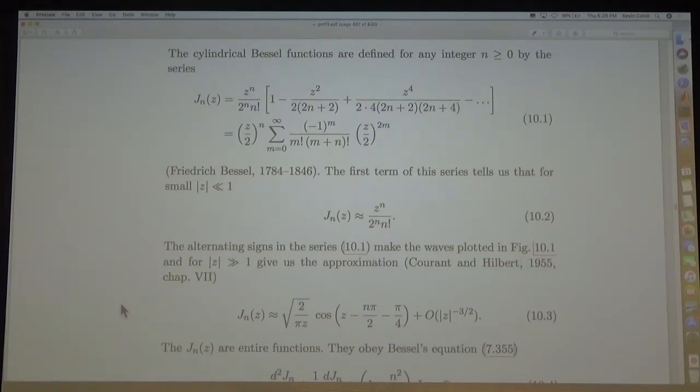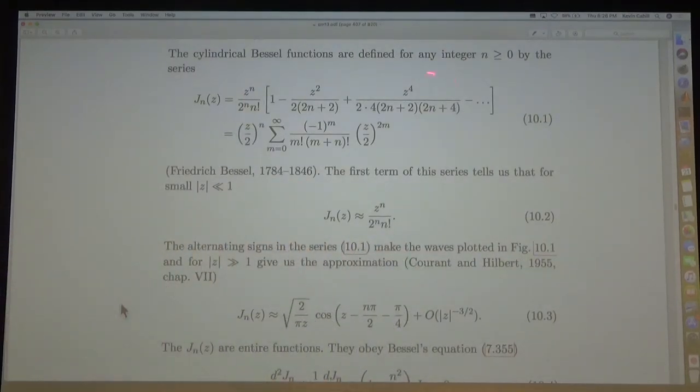So, the cylindrical Bessel functions, as I said, are highly non-trivial functions. For any non-negative integer n, they're given by this series.